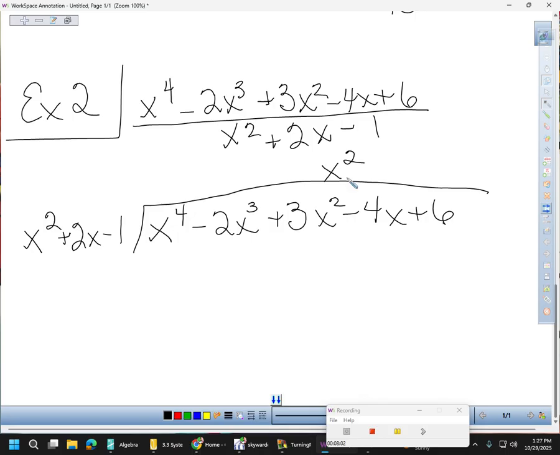Okay? So now we're going to take our x squared, and we're going to multiply. X squared times x squared is x to the 4th. X squared times 2x is 2x to the 3rd. X squared times negative 1 is negative 1x squared. We're all good there. Now we draw that line underneath, and because we're subtracting, we go through and change all of our signs.